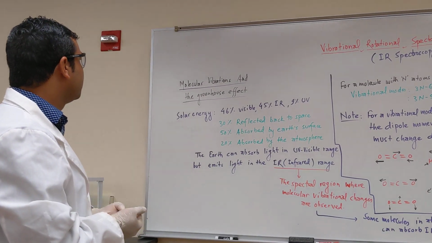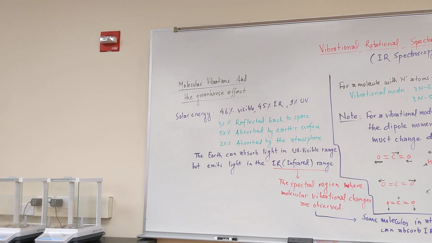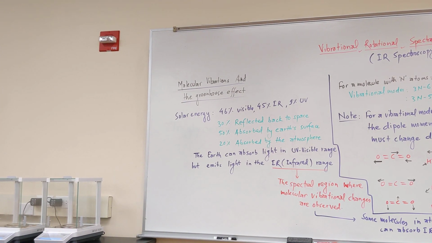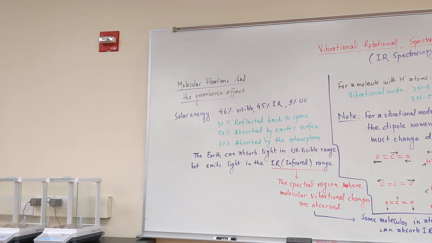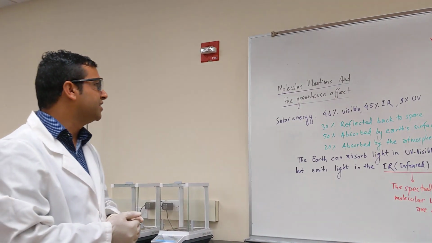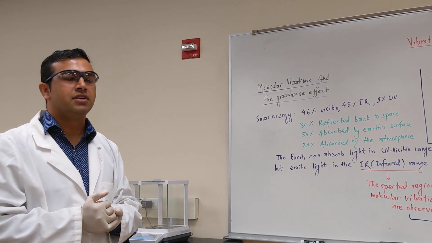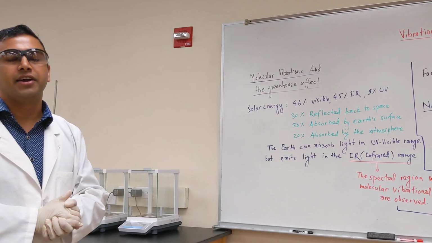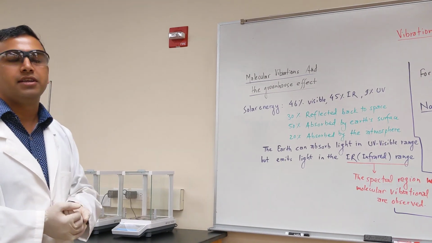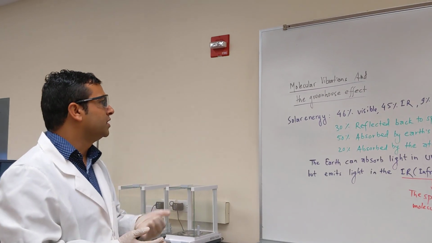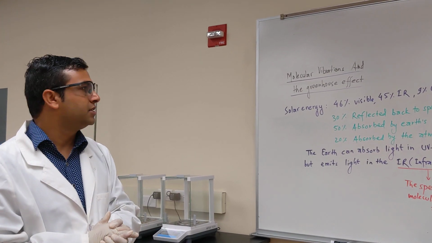Let me talk about the relationship between the molecular vibrations and the greenhouse effect. As you know, solar energy has 46% visible and 45% IR, which is infrared, and 9% UV light, right?